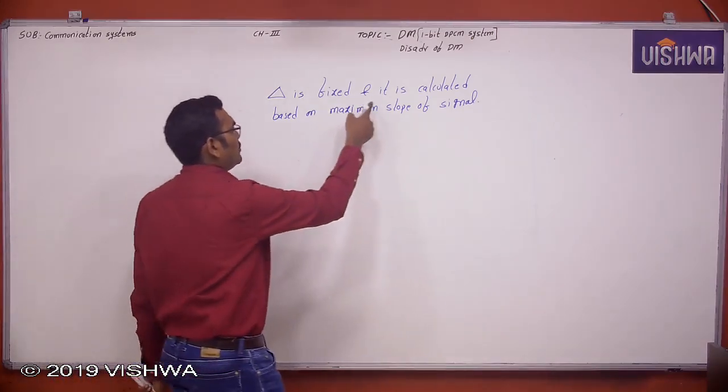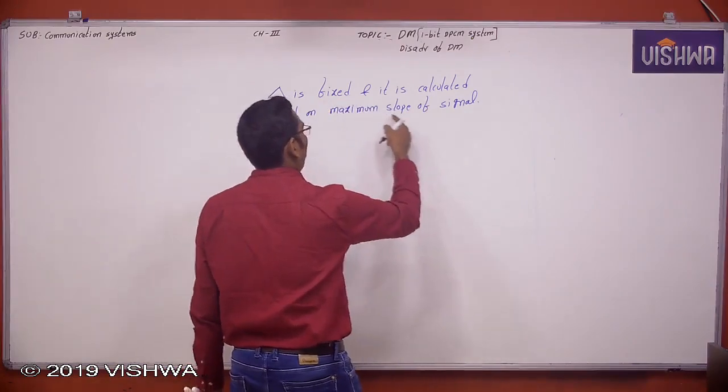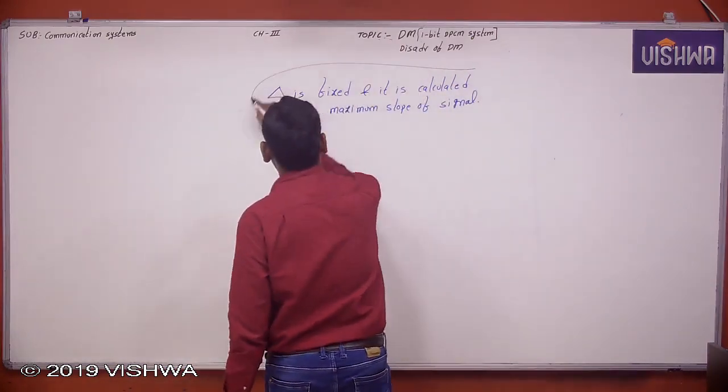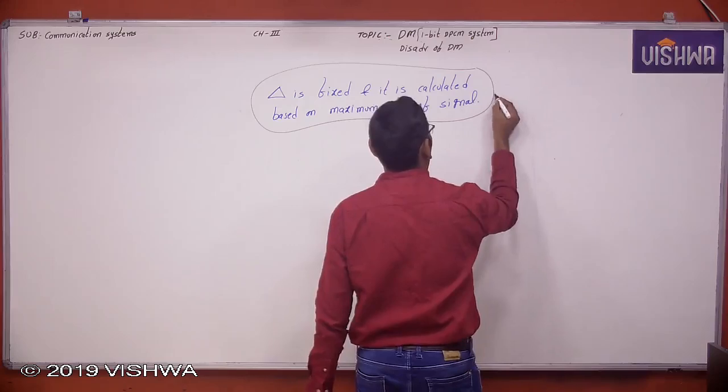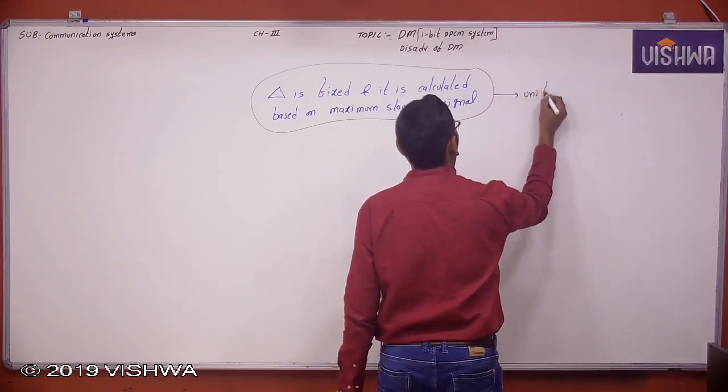This step size is fixed and is calculated based on the maximum slope of the message signal. This is called a uniform step size.